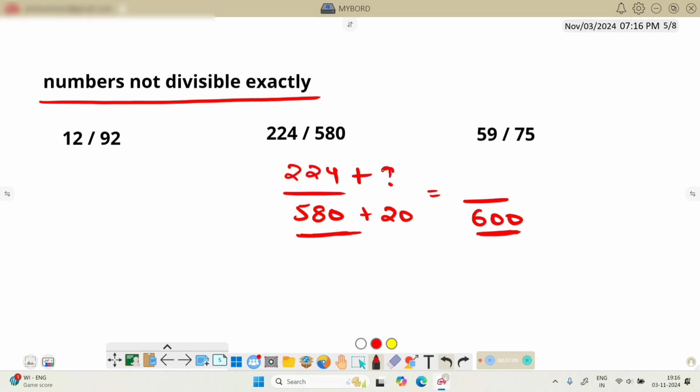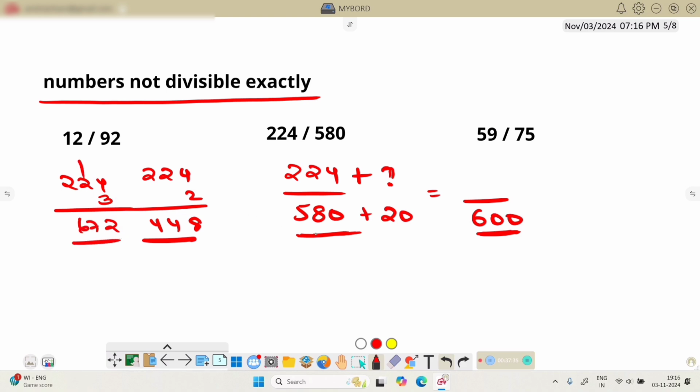So here which number you have to add for 224? How will you decide which number to add? So I have said already, 224 into 2 you take. That means 4 2s are 8, 4 4 8. Okay, so if you multiply with 2, you will get the answer 448. And again if you multiply with 3, you will get the answer 672 here.